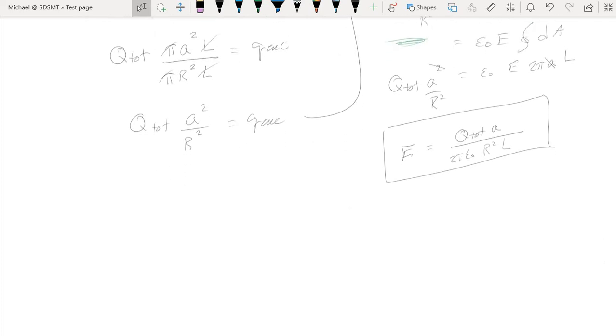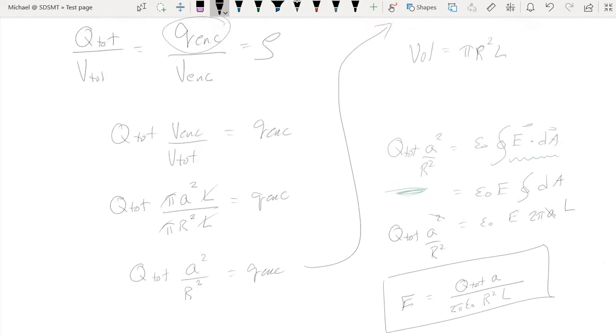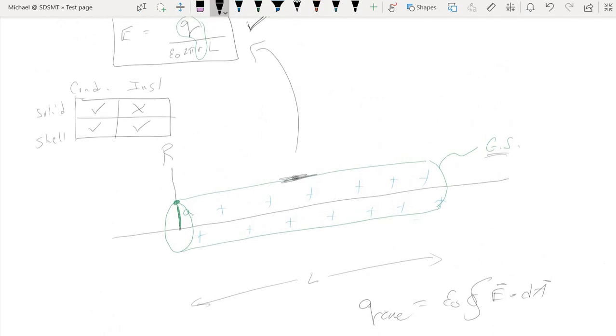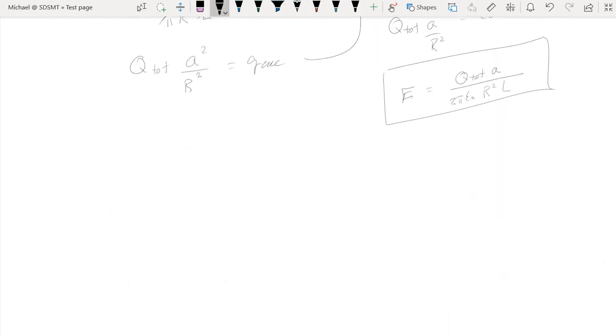And just like with the sphere, we want to play the what if game. So what if we try to measure the electric field at the very center of the cylinder? I'll come back down here and redraw our cylinder. So we've got all these charges inside our cylinder.